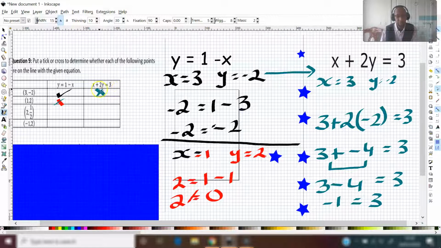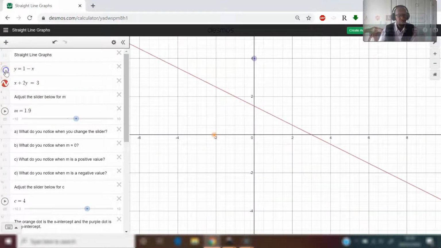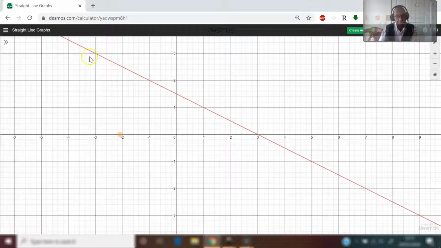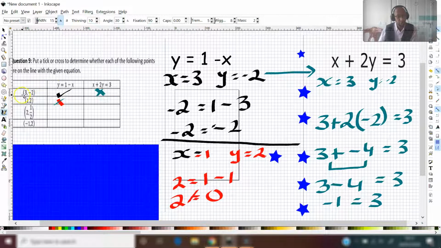And again, if I just show you this line visually, if I just go to my browser, bear with me for a second. So this is the line with the equation x plus 2y equals 3. And we're trying to determine if our points, the first one here, 3, negative 2, are on this line.